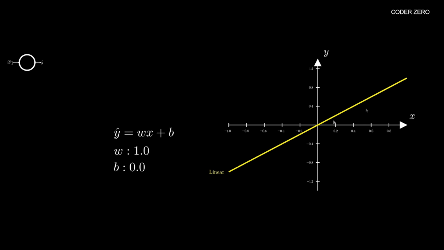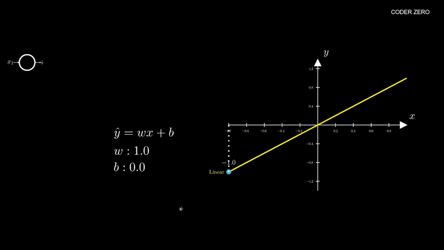You can see this is a linear output. When we have x equal to -1, we have -1 as the output from this equation. Similarly, for all values of x, we get x as output.